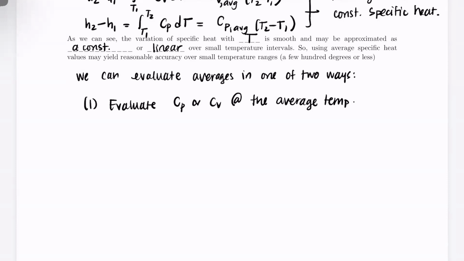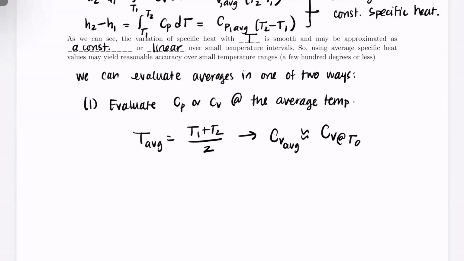So essentially we say, okay, let's identify the average temperature as T1 plus T2 divided by 2. And then we say that CV average is equal to CV at T average, or CP average is equal to CP at T average.